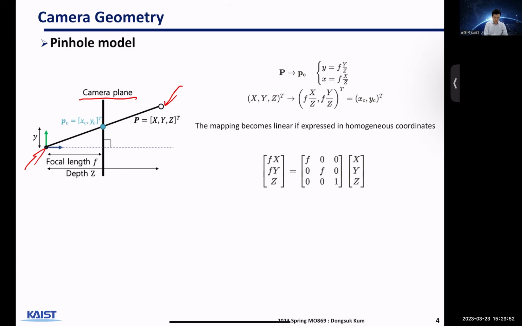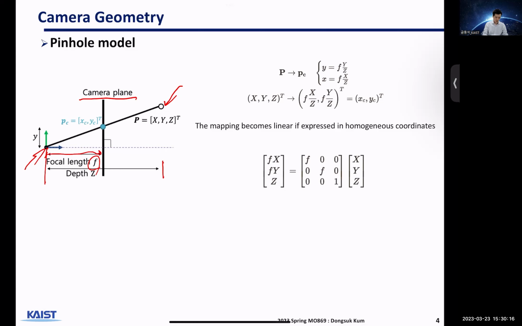We define the distance from the focal point to the plane as focal length f, and the depth would be the distance from this focal point to the actual point.